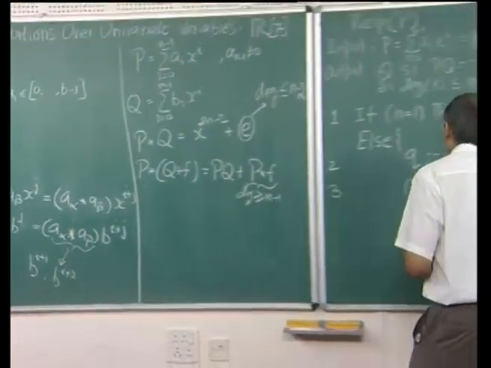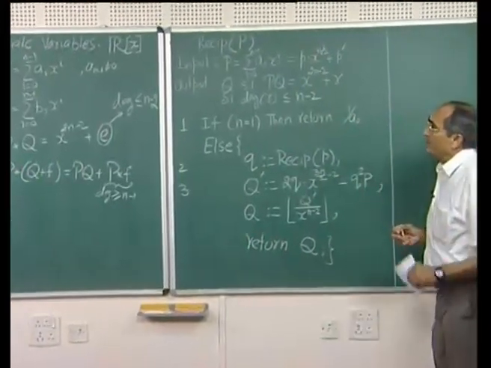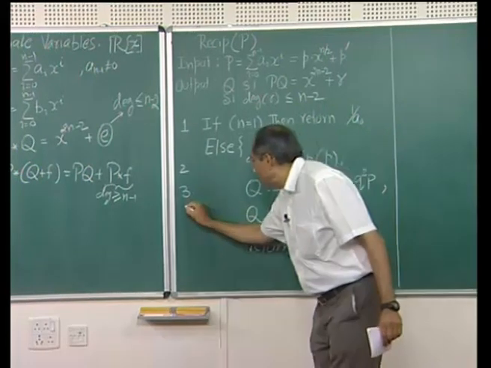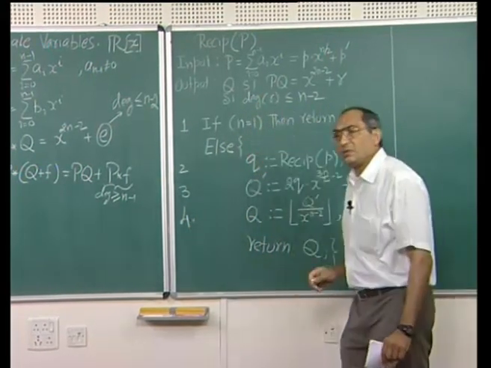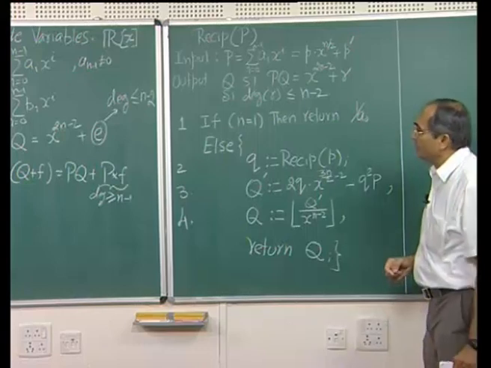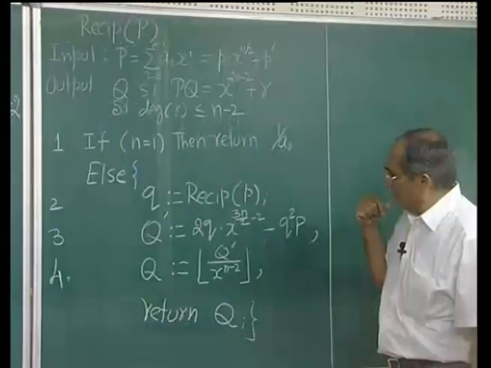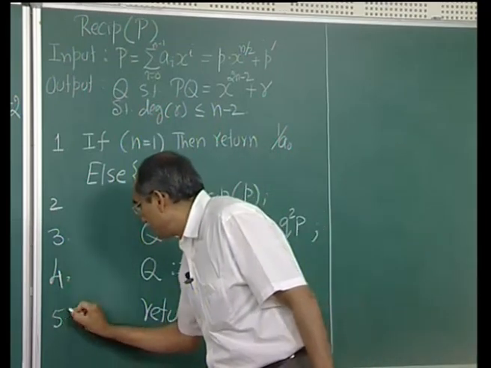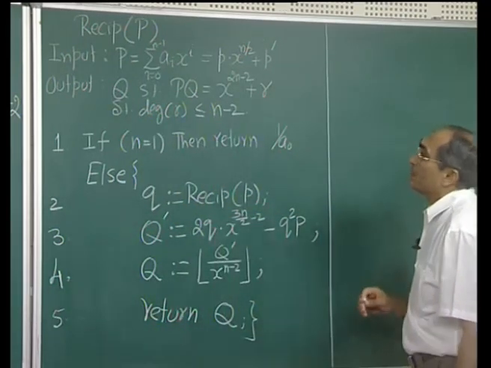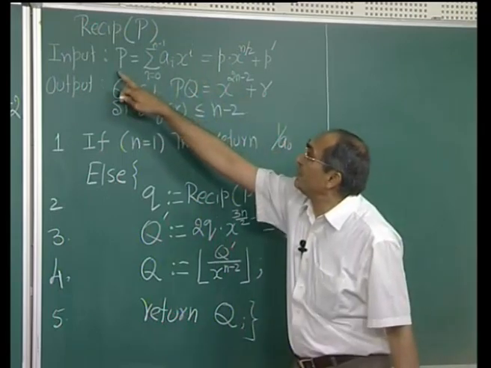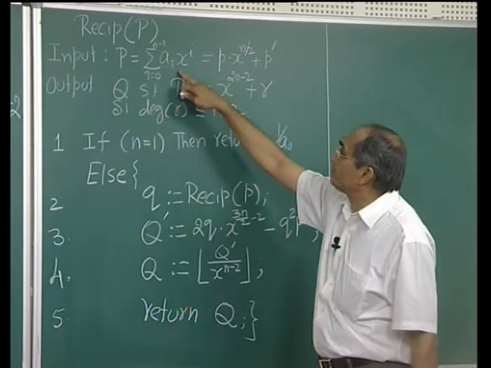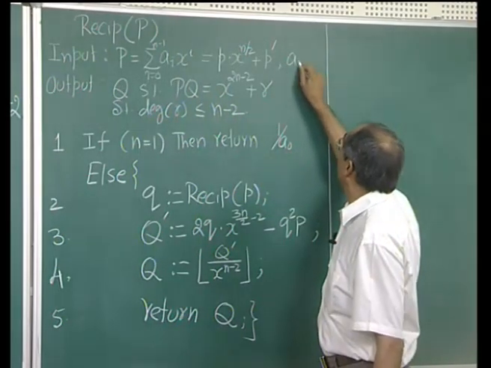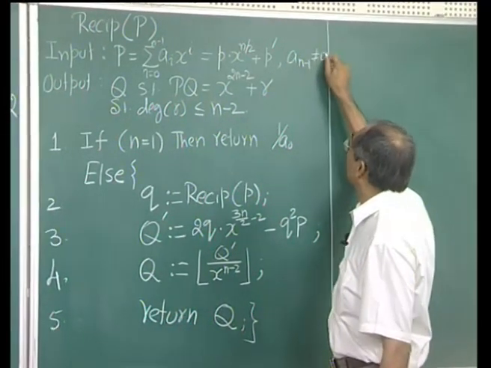Now, as I said, we will adopt the algorithm that we had for integers, but actually it is a simpler algorithm. The objective is, given a polynomial p of degree n minus 1, we know that a n minus 1 is not 0.